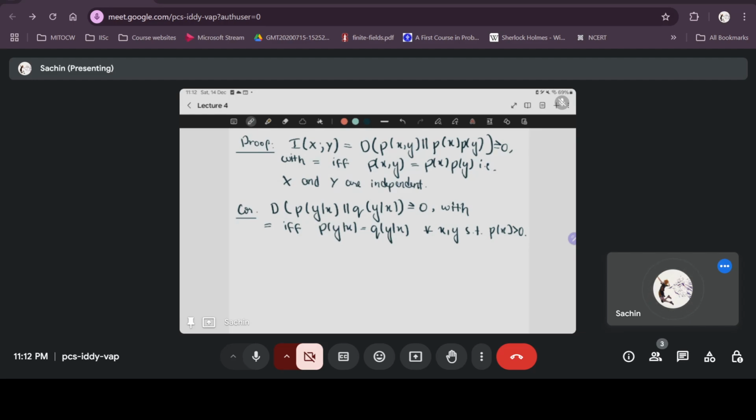So again, here it's slightly different, because D of P of y given x parallel Q of y given x is defined in a slightly different way. P of y given x and Q of y given x are not just distributions.